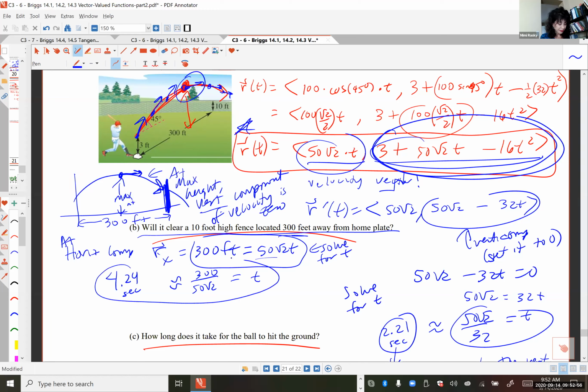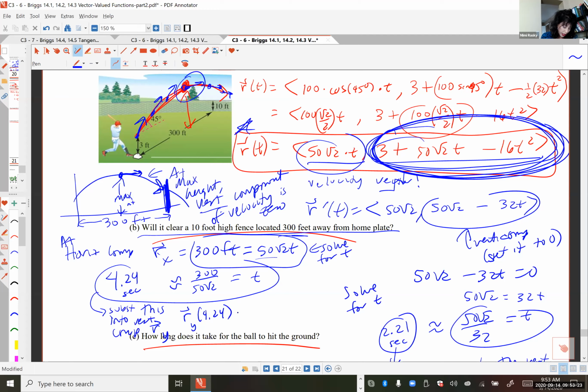So now what? Well, now substitute this into the vertical component of position, the R of Y. Physics people like to use this notation. So what I'm saying is your R of Y evaluated at 4.24 seconds. Here's your vertical component, that big old quadratic.